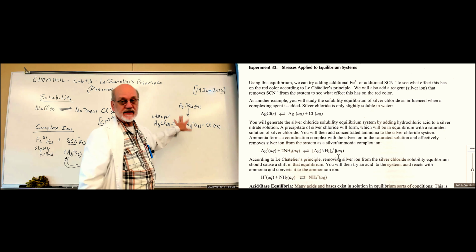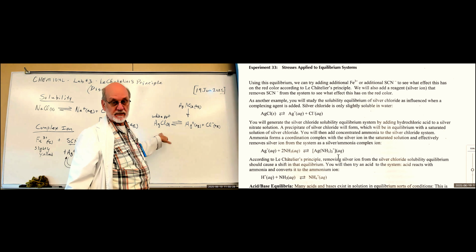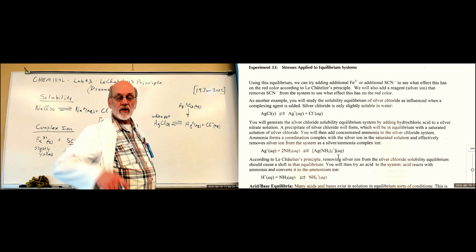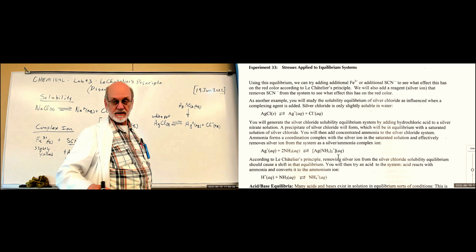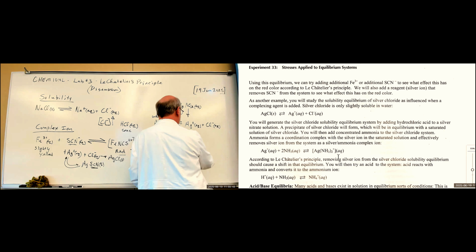How do we influence this equilibrium? Right? Because this is another solubility problem. We're going to use complex ions to influence this one. So we can't remove chloride easily, but we can combine this with ammonia.